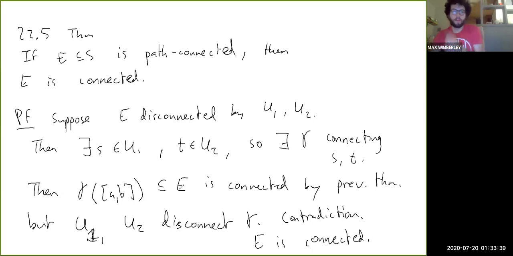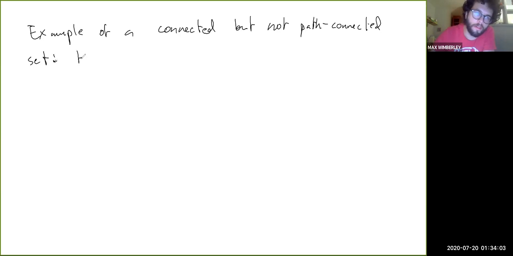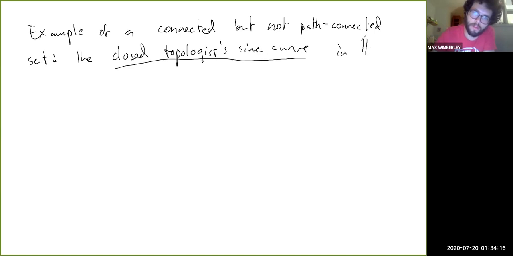So E is connected. Okay, so that's that. And let me just mention this example of a connected but not path connected set: the closed topologist's sine curve in R^2.